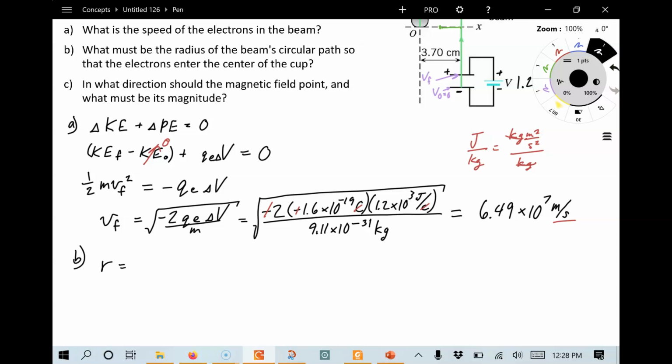R is equal to 3.70 centimeters divided by 2, which is equal to 1.85 times 10 to the minus second meters. We'll go ahead and convert there. So we got the value there for the radius of the circular motion.